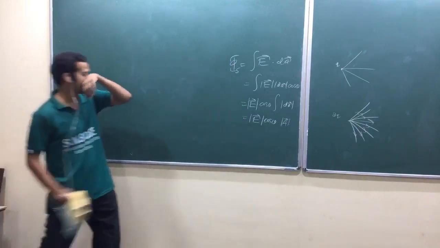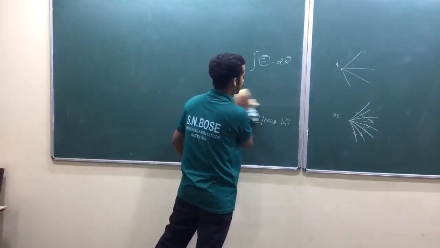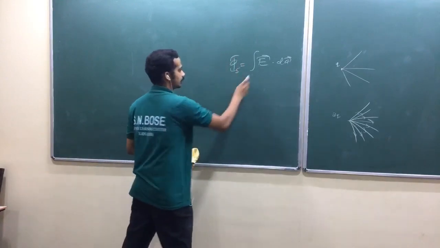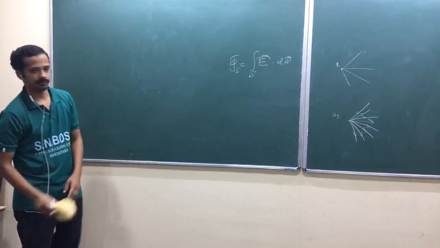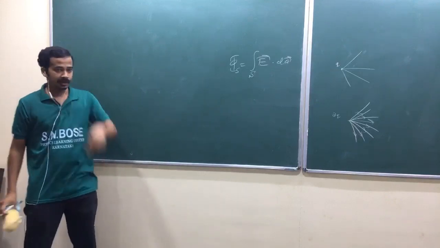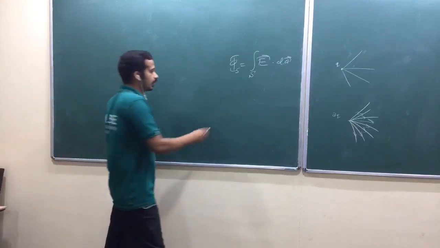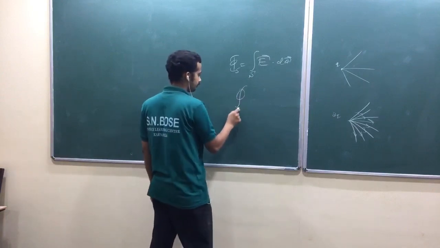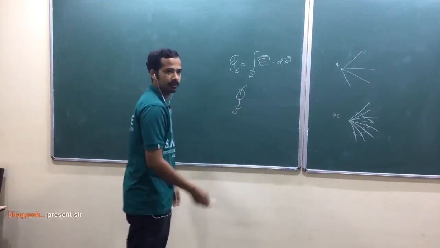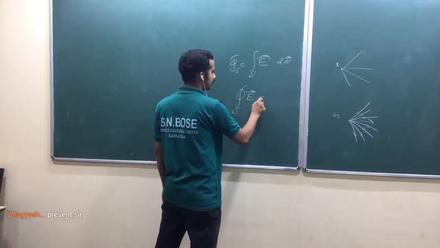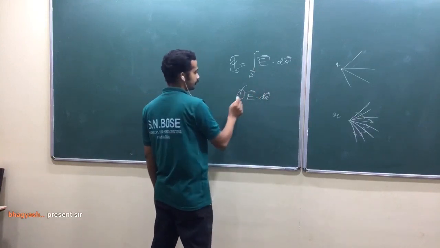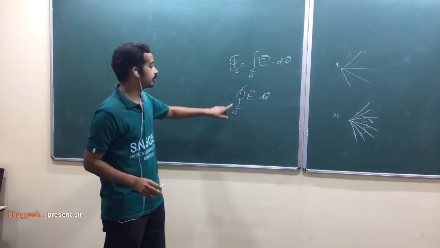But that is the most general equation. This is the flux through the surface. You have to read it like that. You better put S here, capital S. Now, E bar dot dA bar, what is the difference between these two? This should be a closed surface.